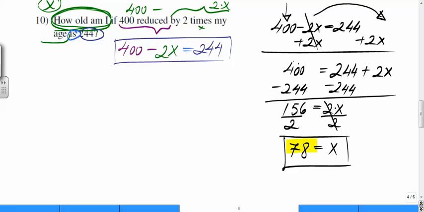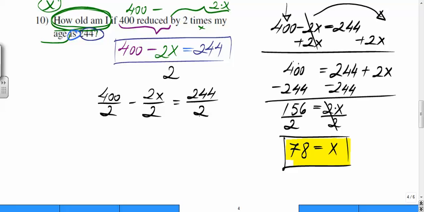And obviously, you could have solved this problem in many other ways. I mean, just looking here, 400 minus 2x, 244, tells me that I can divide every one of these terms by 2, right? And you will have 400 divided by 2 minus 2x divided by 2 equals 244 divided by 2.